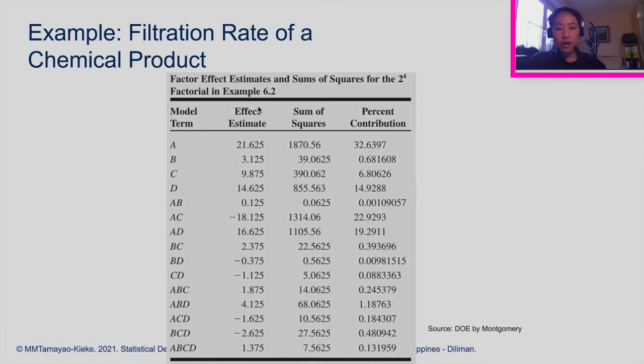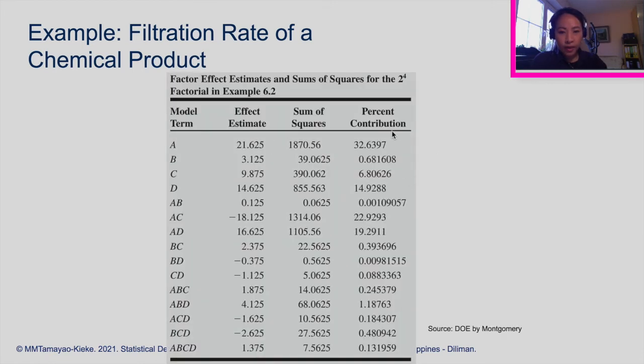The effect estimate, as you recall, is just equal to 2 divided by n times 2 raised to k times the contrast. And then the sum of squares is just equal to 1 over n times 2 raised to k times contrast squared. And then the percent contribution here is basically the corresponding sum of squares divided by the total sum of squares.